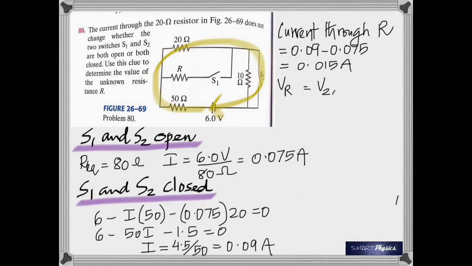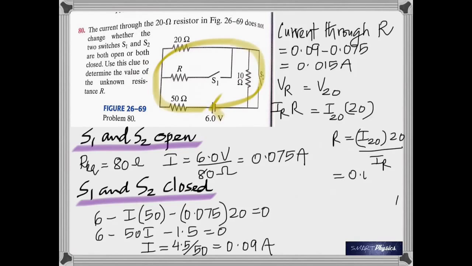So, and voltage is the product of current and resistance, they must be equal. We know 3 of these quantities, so you can find the resistance simply by rearranging and calculating. That's the current through 20 ohms. We have the current through resistance, which is 0.015, that gives 100 ohms as the answer.